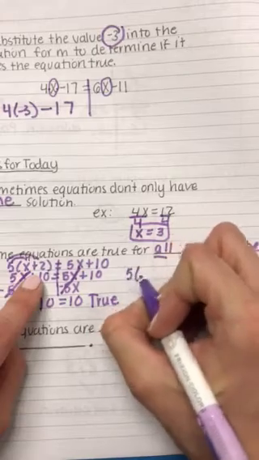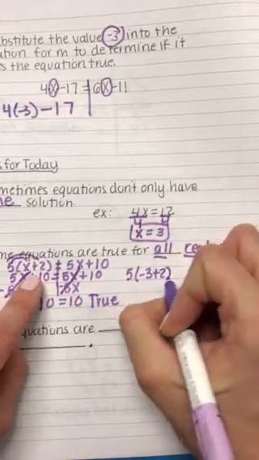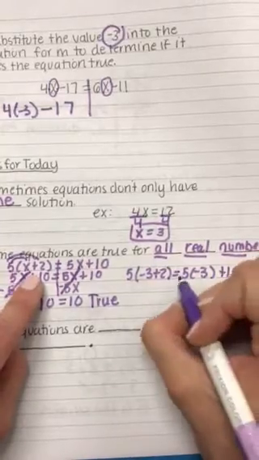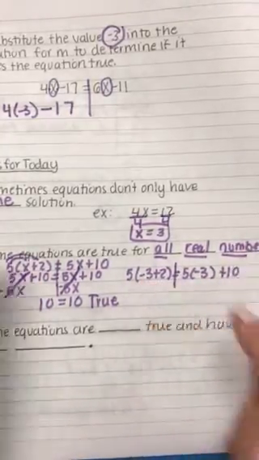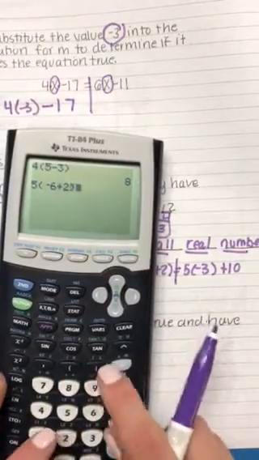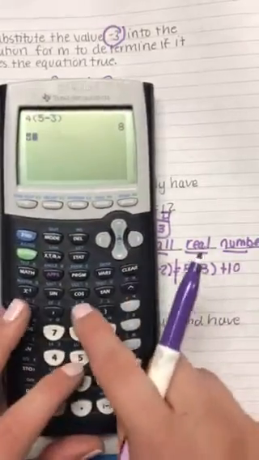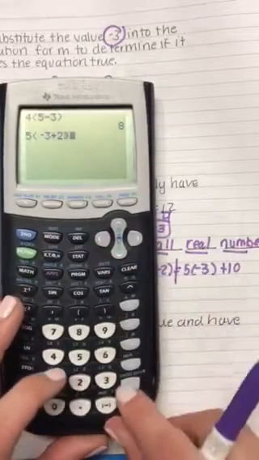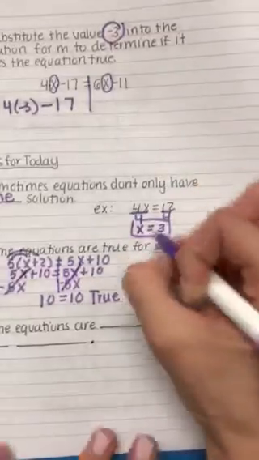For instance, I'm going to put in -3. And watch what happens. 5 times -3 plus 2 is -5.